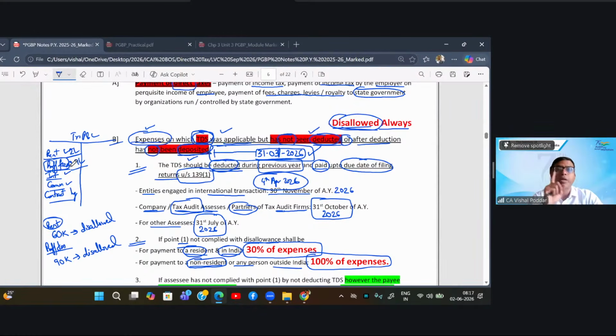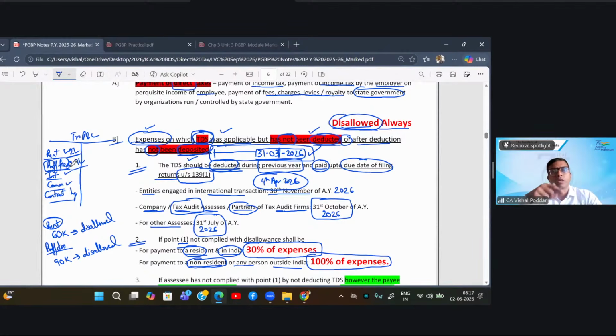But as a punishment to you, since you have not complied with TDS, it may lead to loss to the government. Keep this one sentence in mind. Since you have not done my TDS, you have not deducted my tax, this may lead to loss to the government. What type of loss? That tomorrow I may not go and pay my tax.